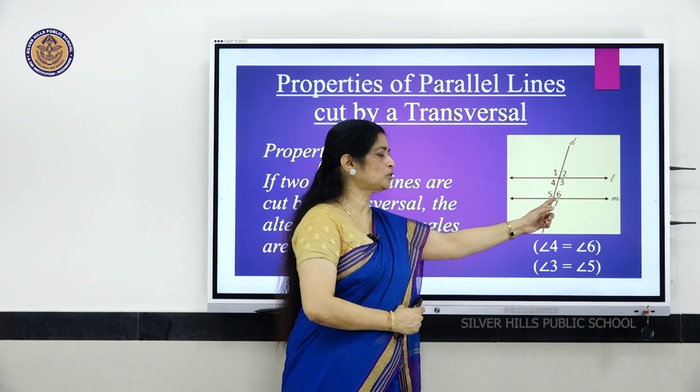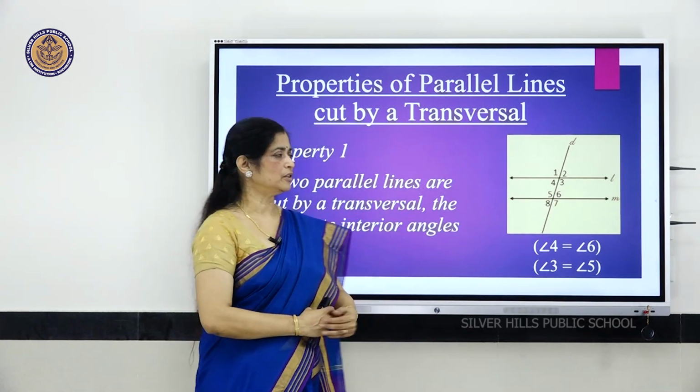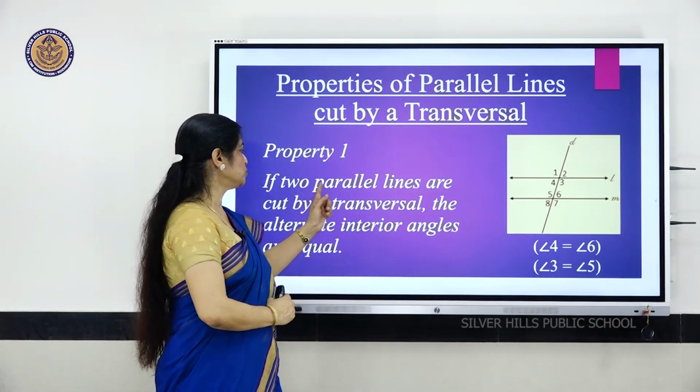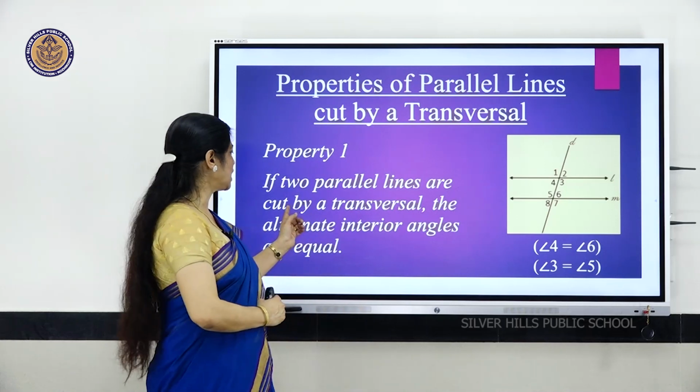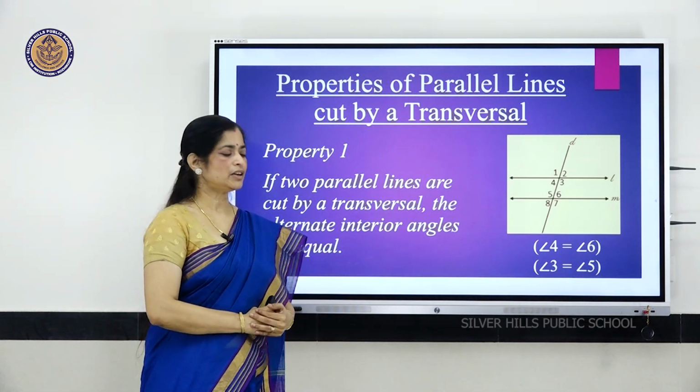So, 4 should be equal to 6, similarly angle 3 will be equal to 5. This is property 1.